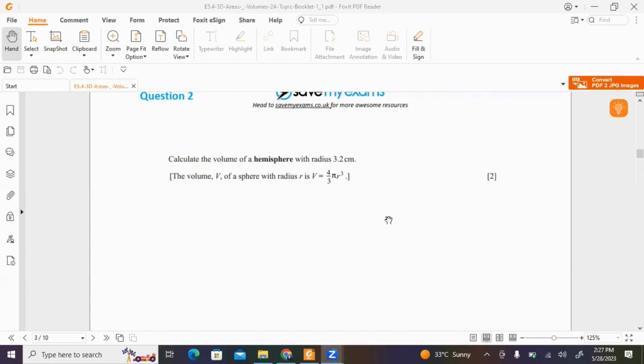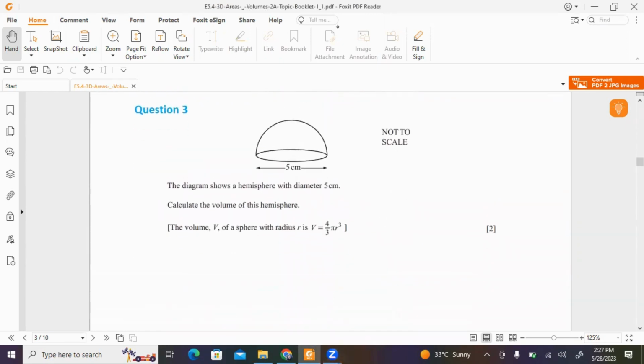Then if we go to the next question, we have another hemisphere, and they've given us the diameter of the hemisphere. They want us to find the volume. So firstly, we find the radius, which is half of the diameter. So 5 divided by 2, 2.5 centimeters is the radius.